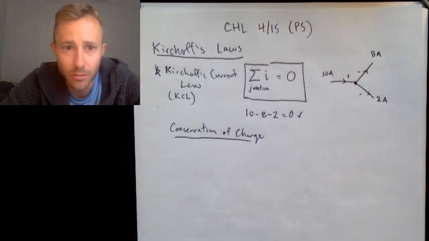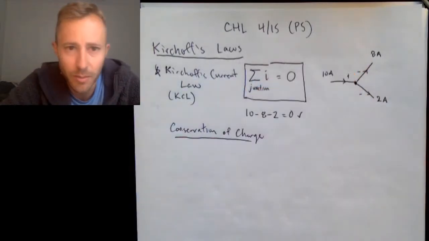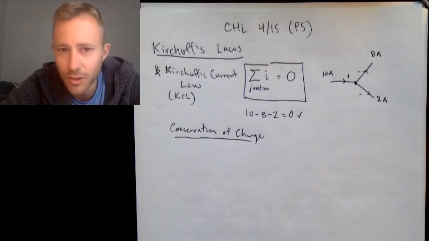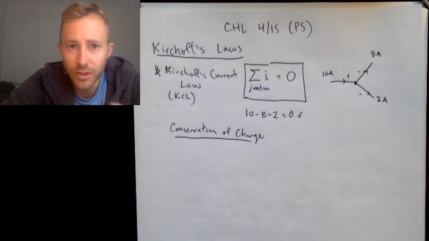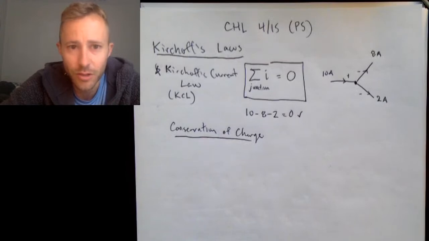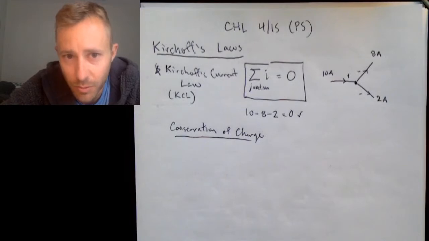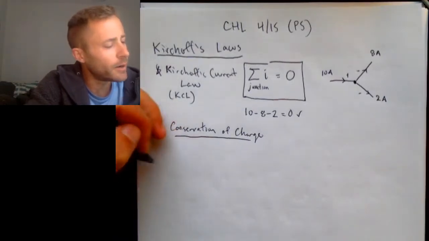As we know, like charge repels itself, so you would have a lot of electrical repulsion happening at the junction. That just doesn't happen. The charge that goes into the junction is equal to the charge that goes out. If there was an imbalance, charge would be collecting at the junction, which can't happen because of electrical repulsion.